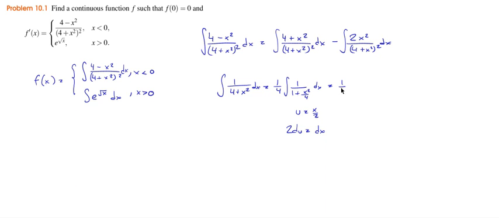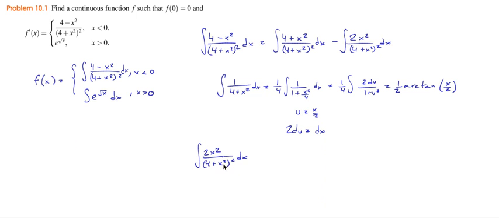So this is 1/4 of 2 times du over 1 plus u squared. So this is 1/2 of the arctangent of u, which is x over 2, right? This is the first one.